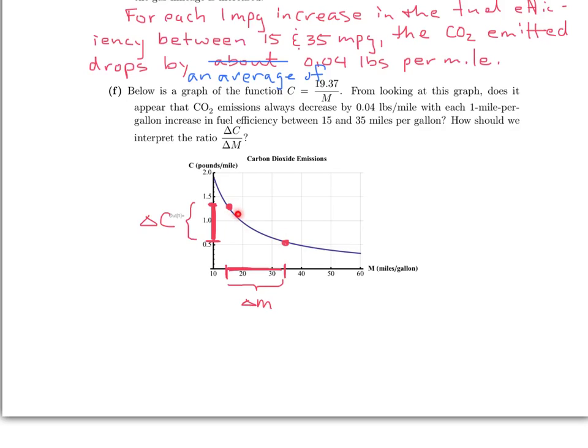If we look to the left, the graph falls considerably more than if we look over here to the right. If I could average these drops over this whole range, if I could calculate the average drop, that is the 0.04. This represents the average drop in this range every time I start on the graph and move 1 unit to the right.